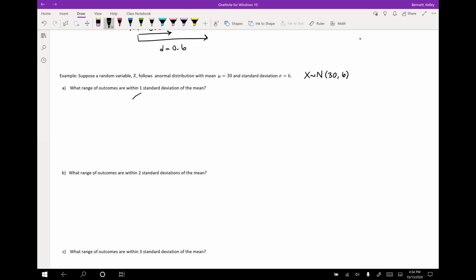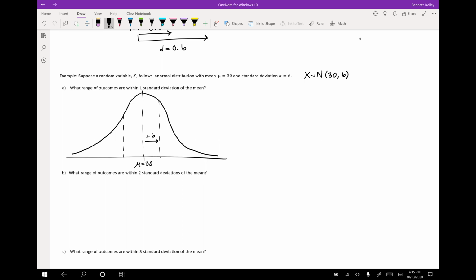We want to look at this graphically at first. So here's our normal-ish curve. We know the mean is always at the center, and that mean is given to us as 30. And we want to go 1 standard deviation from the mean. So I'm going to go plus 6, because 6 is my standard deviation, and I'm going to go minus 6.